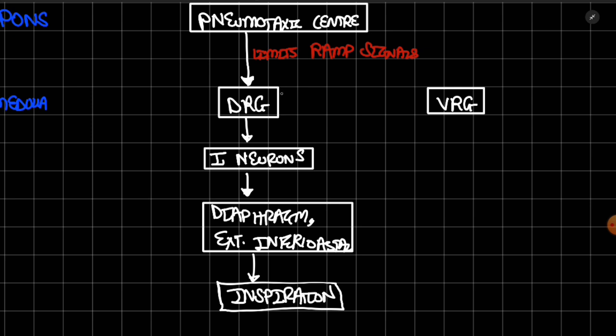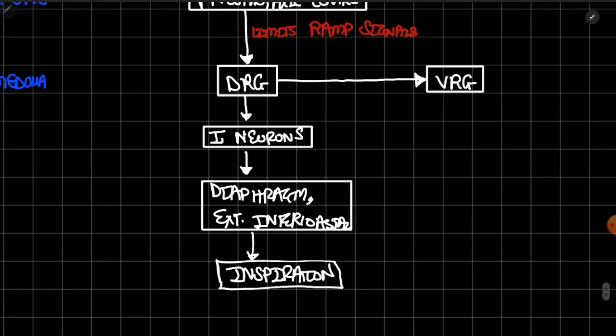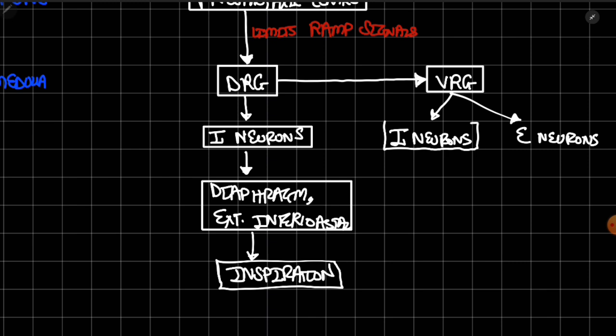So the DRG stimulates the VRG in this case. The VRG has two types of neurons: it consists of the I neurons and the E neurons. Now when we inspire forcefully, the I neurons will stimulate the E neurons, and the E neurons will further stimulate the I neurons.